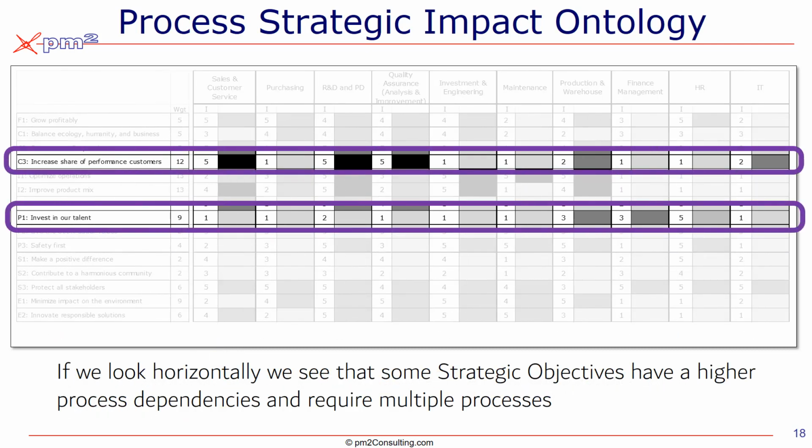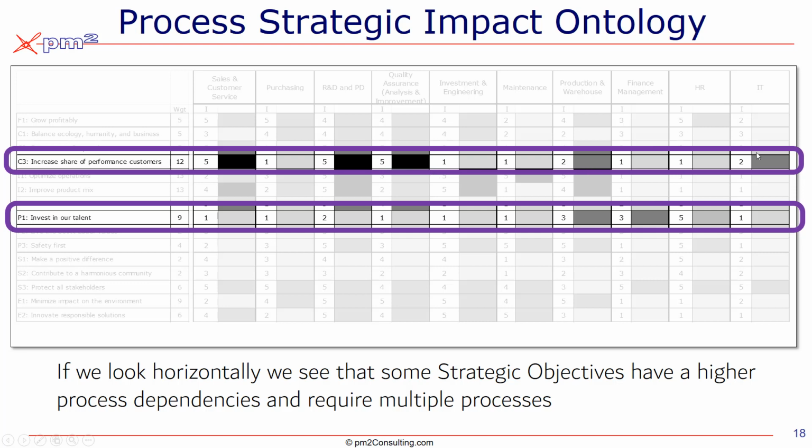We can also see things horizontally. And for many clients, this is quite revealing because they don't normally have this view. It's quite normal that I look at things by department, but I don't normally look at it by strategic objective. So now I can take a look at this strategic objective, increase share of high performance customers. And let's pretend for a second we're a team that owns this process or this goal. We can now see which processes are super critical to our success.